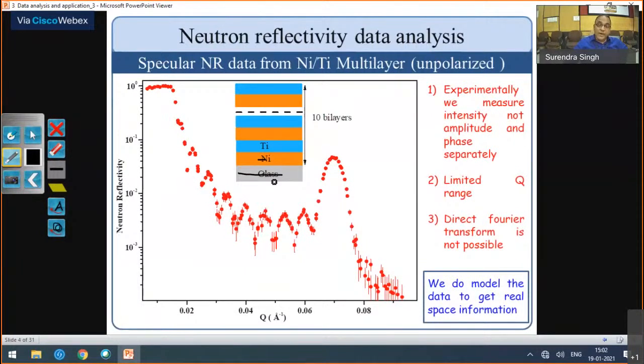And the geometrical effect comes into play in this region, so when you measure the reflectivity pattern, it looks like this. It is almost one. This is called the geometrical effect because the neutron falling on the sample is less than the incident.